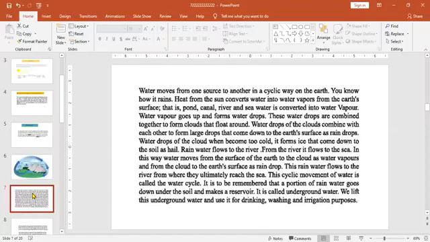Heat from the sun converts water into water vapor from the earth's surface. That is, pond, canal, river, and seawater are converted to water vapor with the help of sunlight. Water goes up and forms water drops. These water drops combine together into clouds.